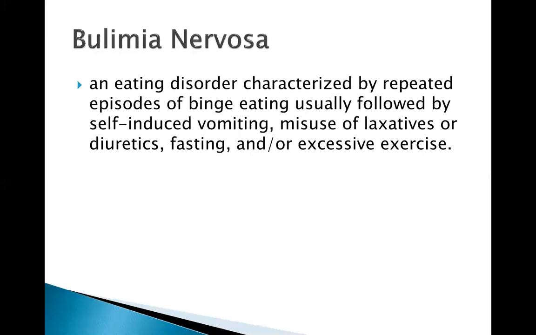If you use laxatives, many laxatives work in the large intestine, and by the time food gets to the large intestine, the majority of food has been digested and absorbed, meaning all of the calories have been digested and absorbed, or the majority of them. As far as excessive exercise goes, the amount of time required to burn the amount consumed in some of these binges is just astronomical. And so there literally isn't enough time in a single day to compensate by exercise for many of these people.